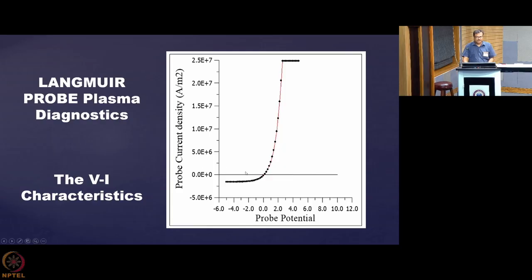Note the different zones: this is the ion saturation current, this is the zone where you get the probe current zero, and this part contains very useful information, as we will be explaining in the later part of this class. Then this is the knee, and this gives you the plasma potential, and this is the electron saturation current. We will be noting each of them and trying to find out the plasma parameters like temperature, number density and so on.